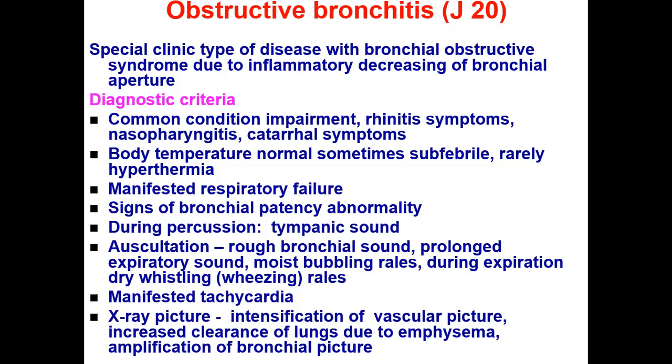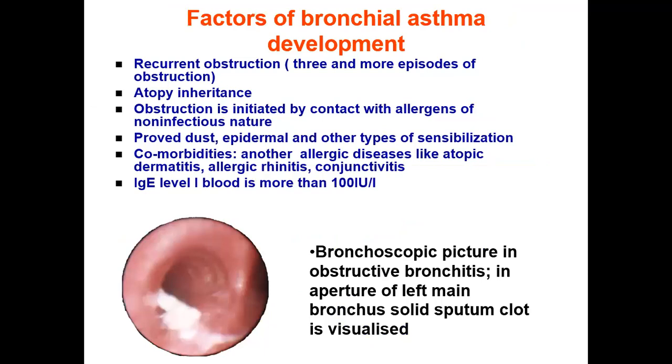Criteria include impairment of common condition, rhinitis symptoms, nasopharyngitis, catarrhal symptoms, body temperature normal, sometimes subfebrile, rarely hyperthermia, manifested respiratory failure, signs of bronchial patency abnormality: during percussion tympanic sound, on auscultation rough bronchial sound, prolonged expiratory sound, moist bubbling rales, during expiration dry whistling rales, manifested tachycardia. X-ray picture: intensification of vascular picture, increased clearance of lungs due to emphysema, amplification of bronchial picture.